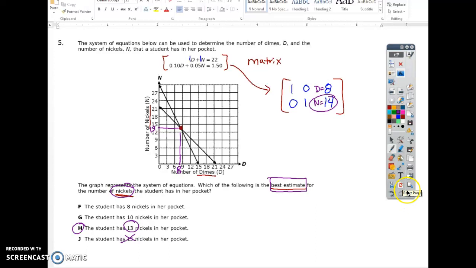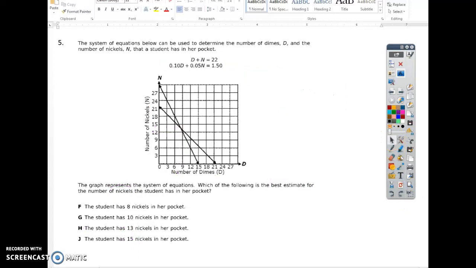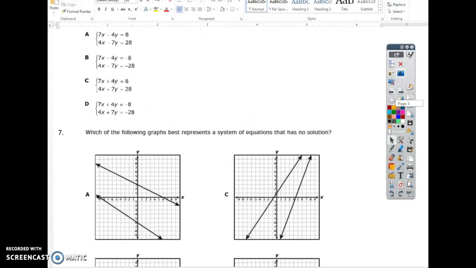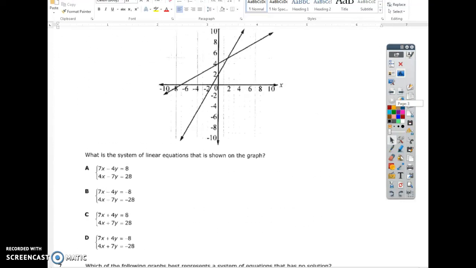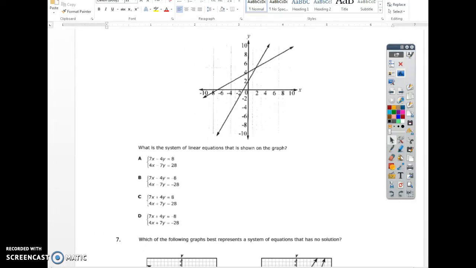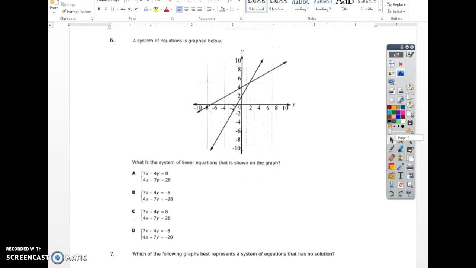Okay, problem number 6. This one, where's number 6? This one is also going to have to be like estimates. Okay?